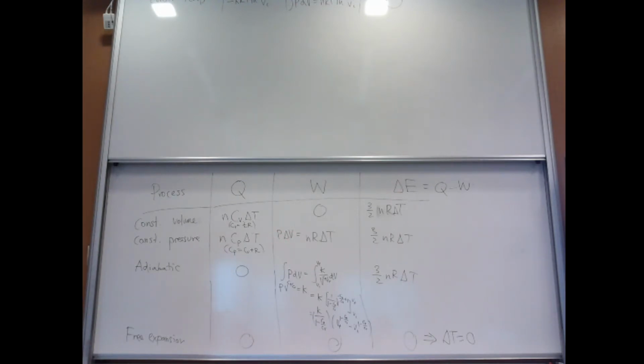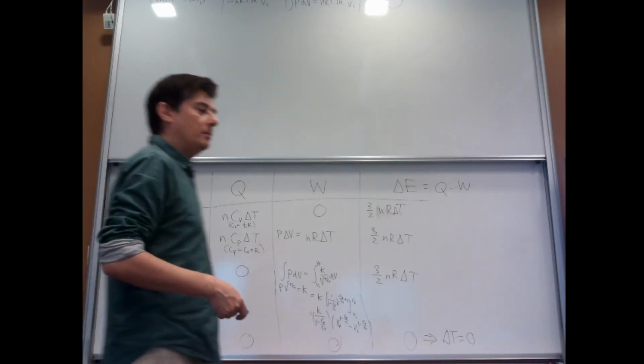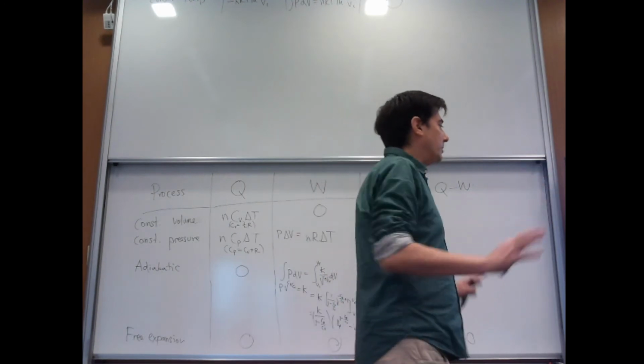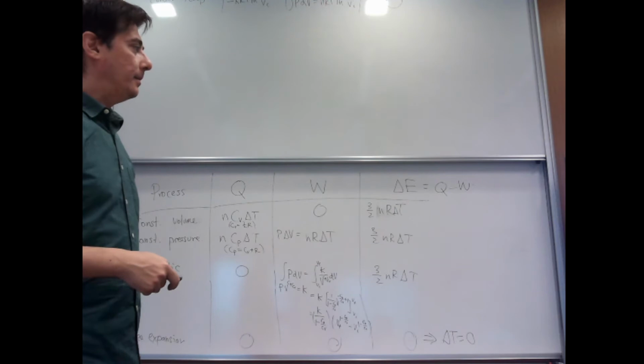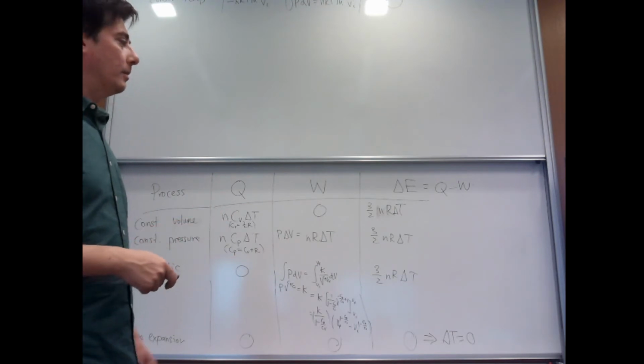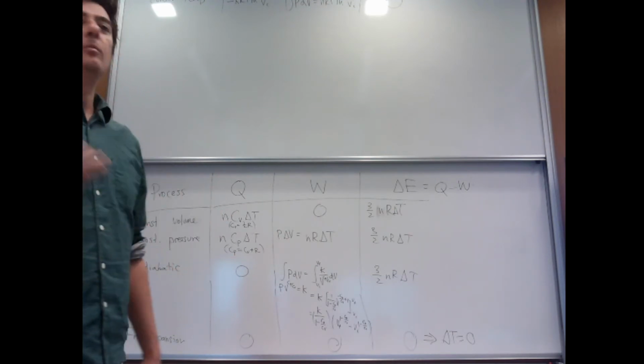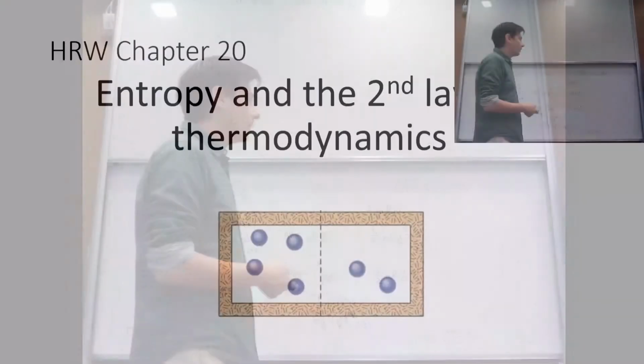Internal energy is always just 3 over 2 nR delta T, except for the constant temperature cases. So that more or less completes the whole picture for understanding heat and work in these processes.